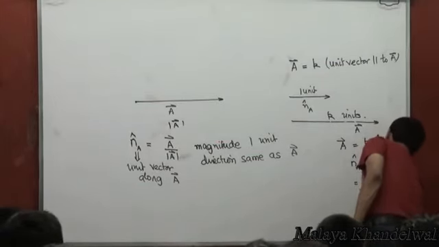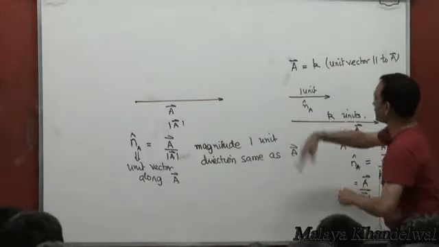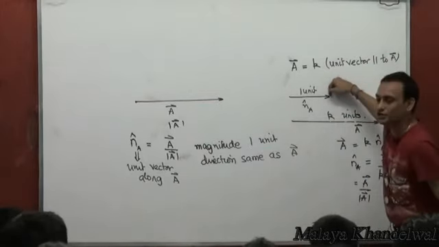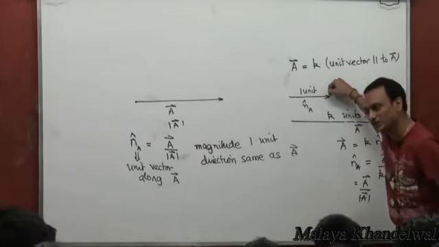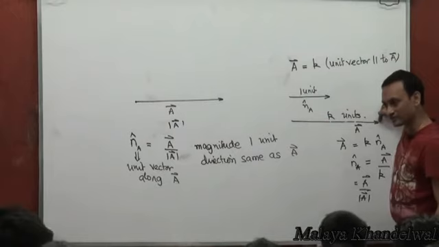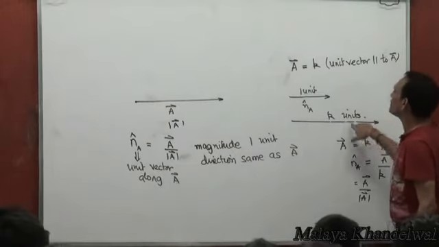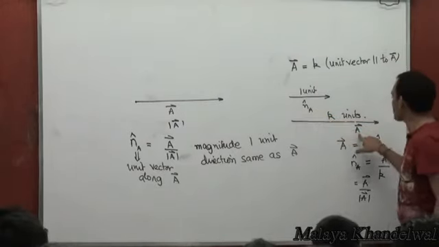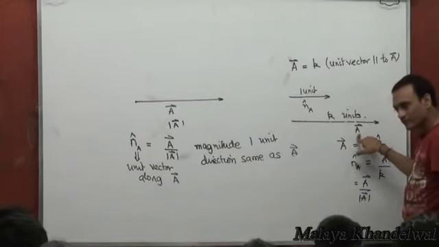You realize what I did here? Look at it the other way around. Imagine a vector of 1 unit magnitude in a given direction and imagine a vector of k units magnitude in the same direction. So this vector A must be k times this vector, because k is the magnitude of A, right?